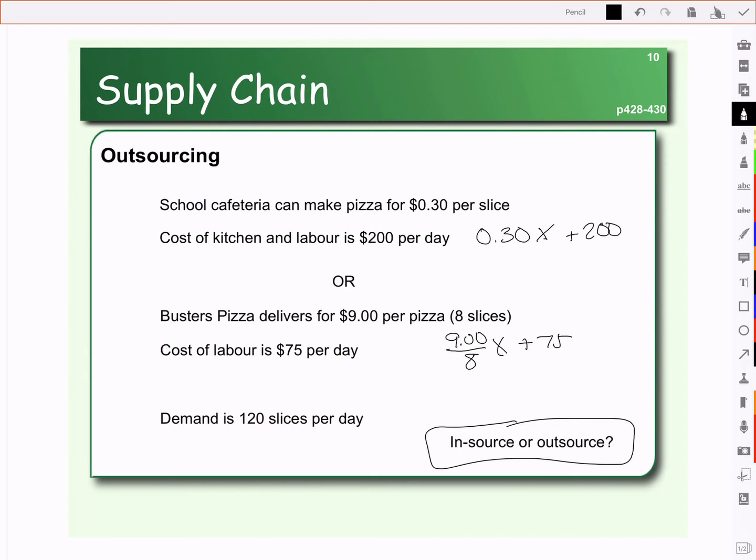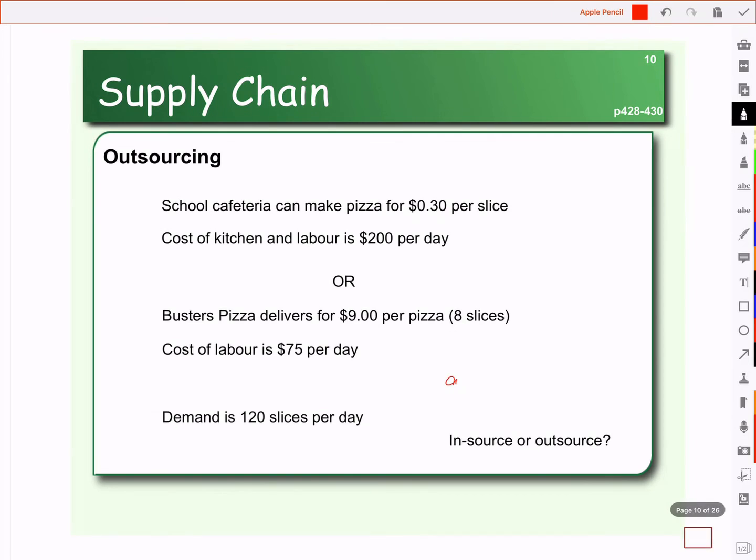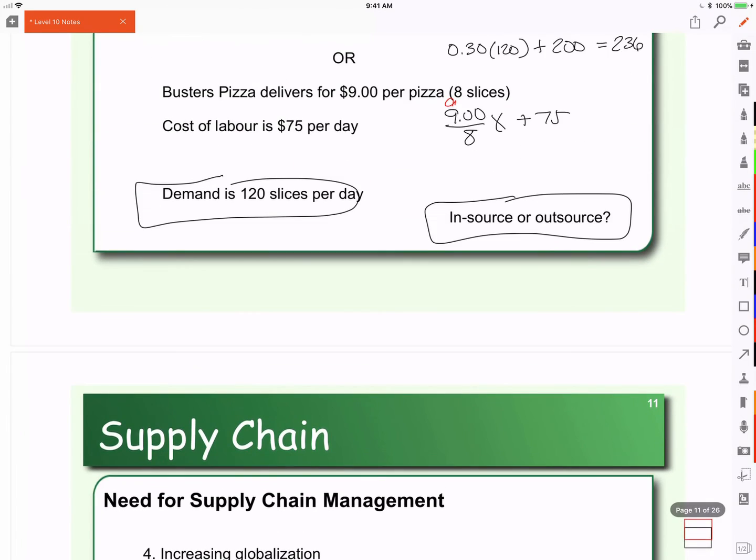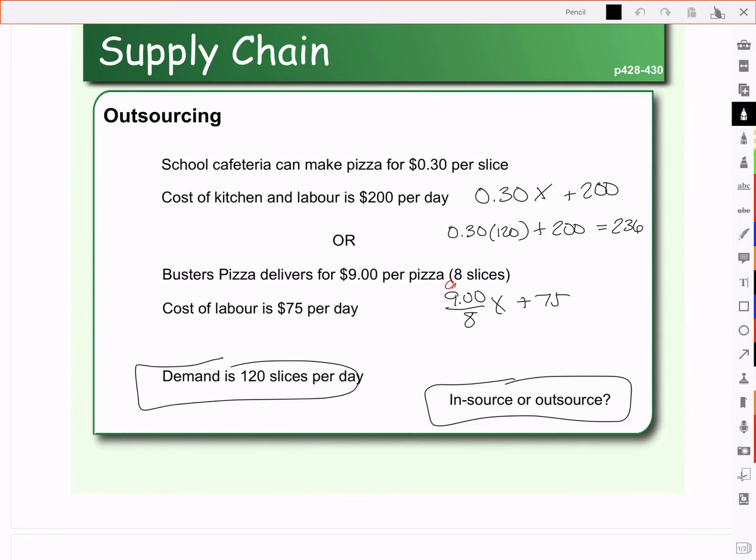So if our forecasted demand is 120 slices per day, then the cost to make it ourselves is 30 cents times 120 plus 200. So it costs us $236 to make it ourselves. If we outsource it, then it'll be 9 divided by 8 times the forecasted demand of 120 slices plus $75, which equals $210.